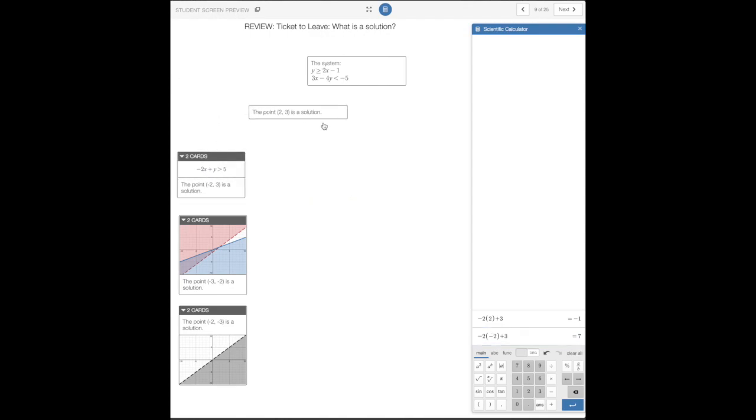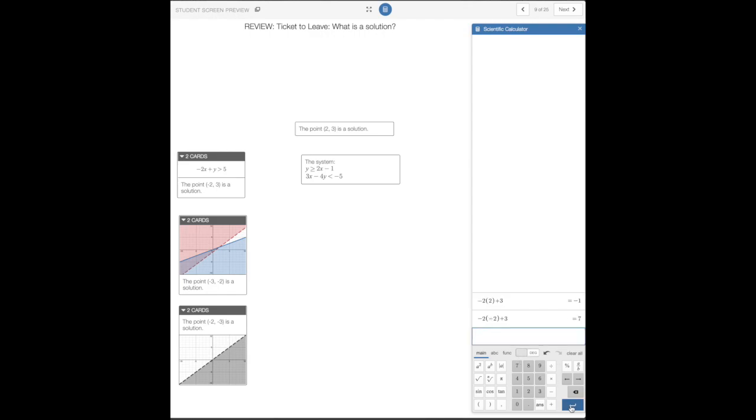Okay, now I already know these two cards will go together, but I just want to show you what you're going to see. I'm going to replace x with 2. I get 3. And I replace y with 3. So is 3 greater than or equal to 3? Yes, it is.